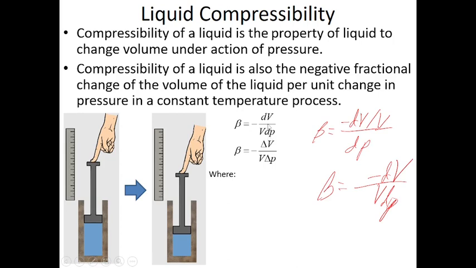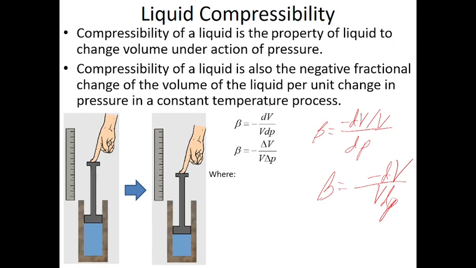In this, na lagay natin ay D, pwedeng lagay natin ay delta. Change in volume. Ito ay differential volume, dV. Yung dP, differential pressure. Negative differential volume all over V times differential pressure.